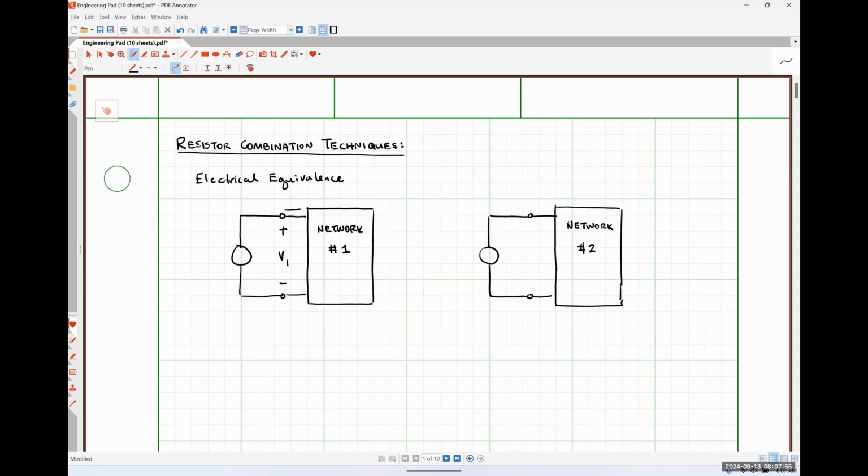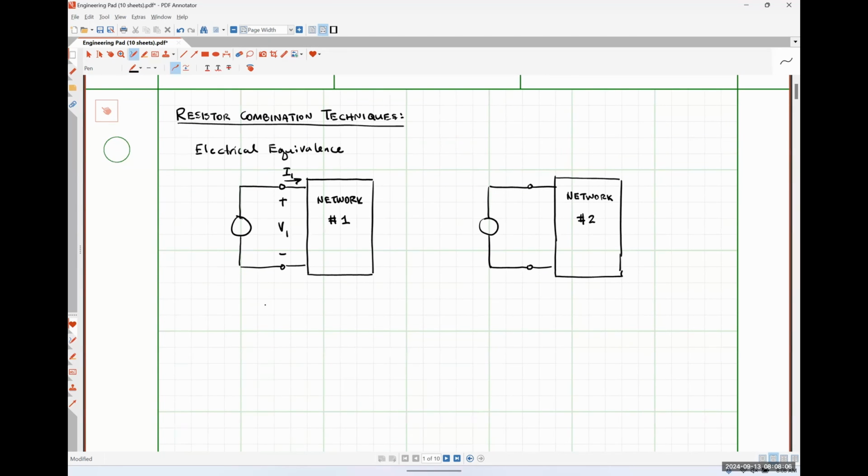And additionally, I'm able to measure some current I1 flowing into the network such that we know that the voltage drop for network one is V1, the current flowing through network one is I1, and the power absorbed by network one is just the product of V1 and I1.